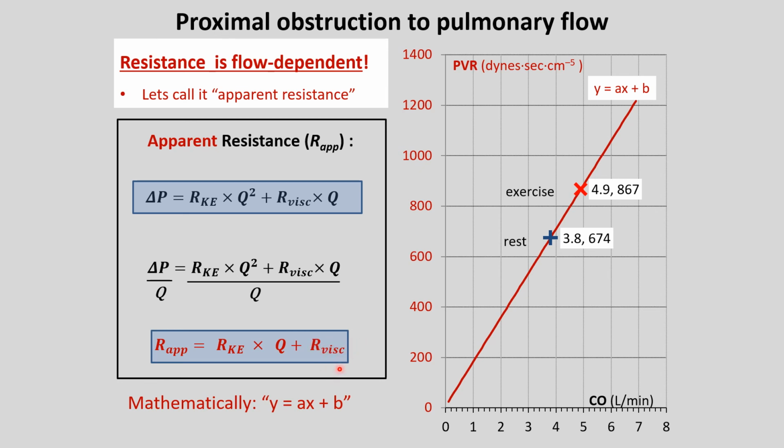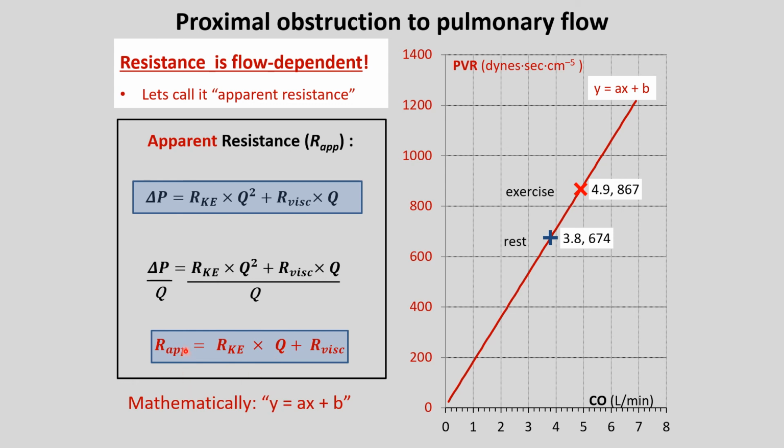So the resistance that you measure, if you do just the calculation, is in fact not the true resistance, because the resistance that's inherent to the diameter of the vessel, that's distal, is this Poiseuille term. But this one increases with the flow.